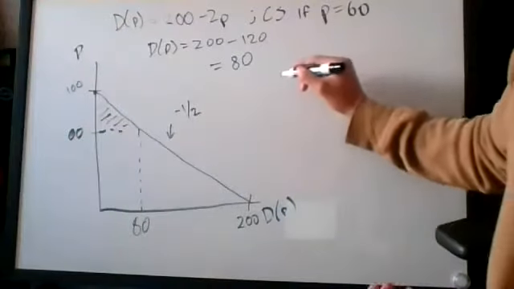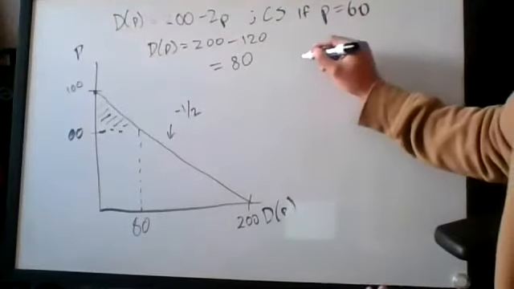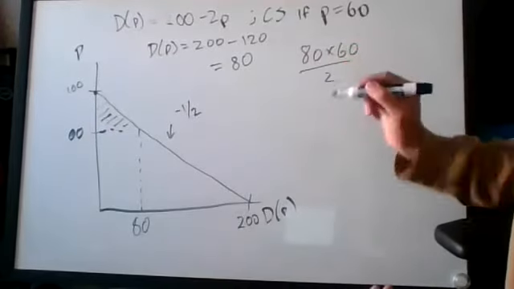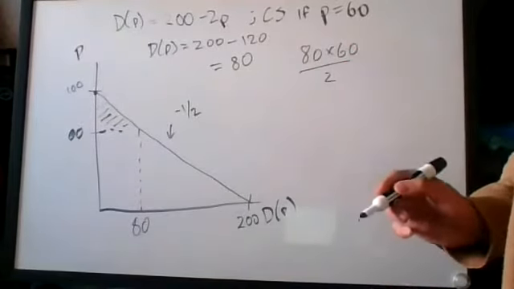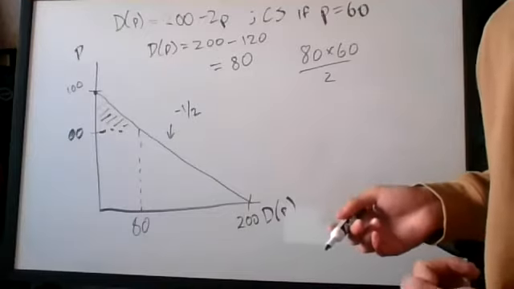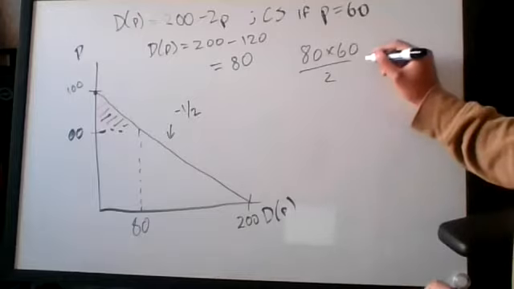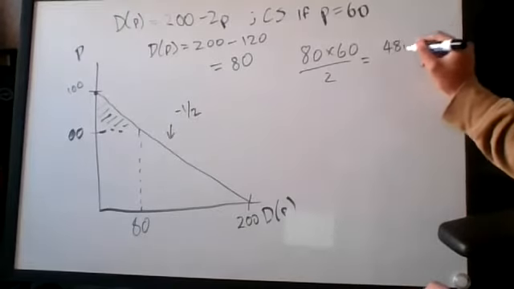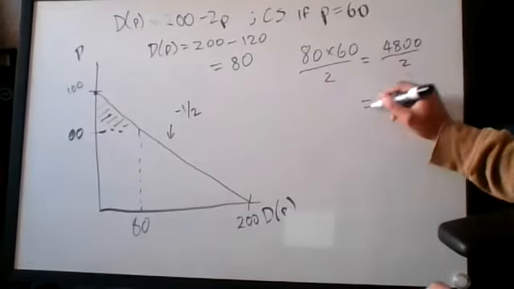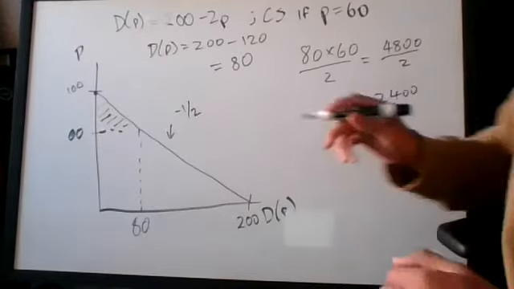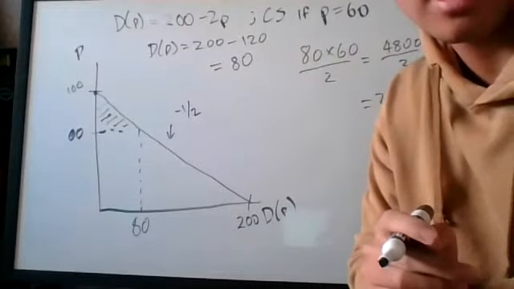And so the way that we find this area is just 80 times 60 over 2, right? Remember, you have to divide by 2. It's trivial, but people forget. And so it's good to always remember that. And so this is 4,800 over 2, which is equal to 2,400, right?